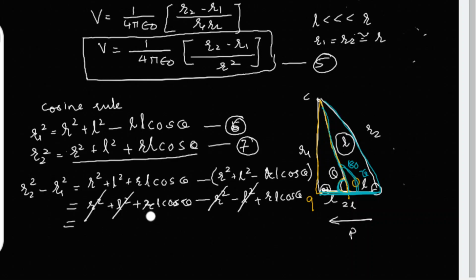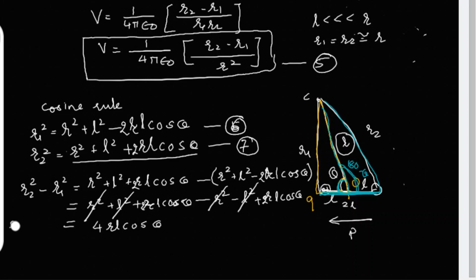Only the remaining thing is R L cos theta and R L cos theta. Sorry, it will be 2 R L now. This I should write in the formula: R square plus L square minus 2 R L cos theta. Everywhere it will be 2 R L, so I missed that. So 2 R L becomes 4 R L cos theta.